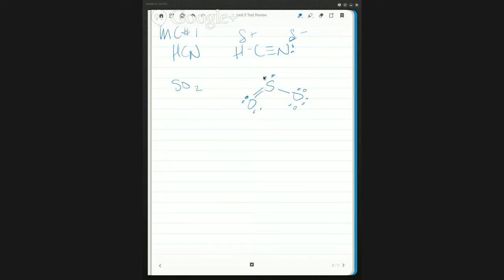So this is what it would look like. And so these are your partial negatives, and this is your partial positive, but there's definitely a polar thing to this. Anything that's polar has a dipole moment. Anything that is non-polar has zero dipole moment. NO2 actually ends up being the same thing as SO2, interestingly enough.